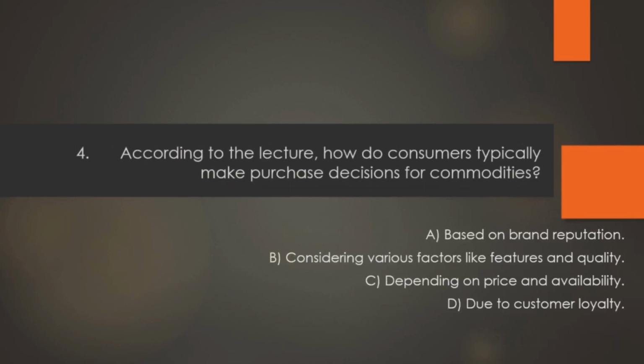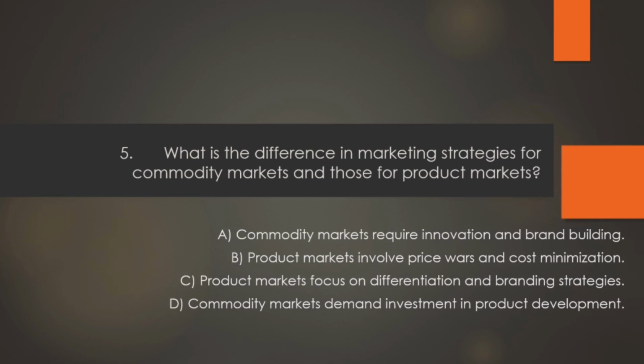According to the lecture, how do consumers typically make purchase decisions for commodities? Five. What is the difference in marketing strategies for commodity markets and those for product markets?